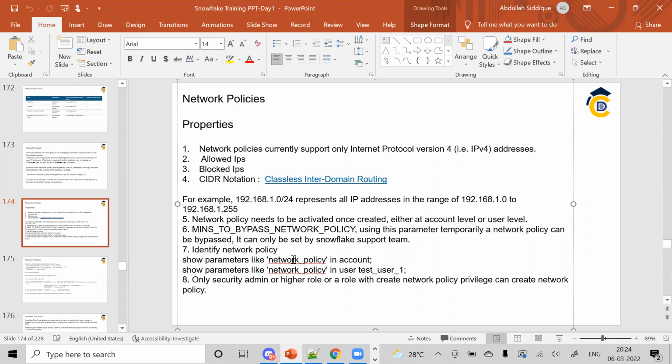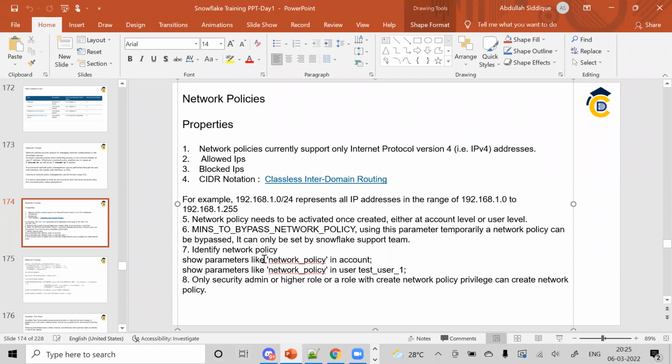So what they will do is there's a parameter called minutes to bypass network policy. They will set this, which will, as the name suggests, bypass the network policy for you and let you access the URL for whatever temporary time you want.